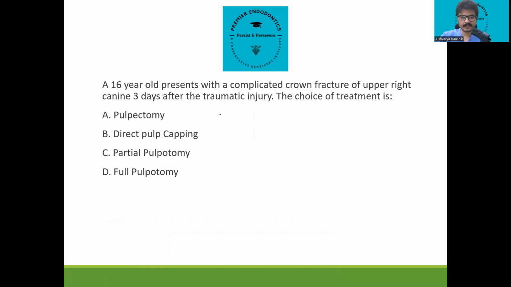We have number one, a 16-year-old patient. What does that mean? What clue does that give? That we are dealing with a canine, that is a tooth, with full or complete maturation of the root.